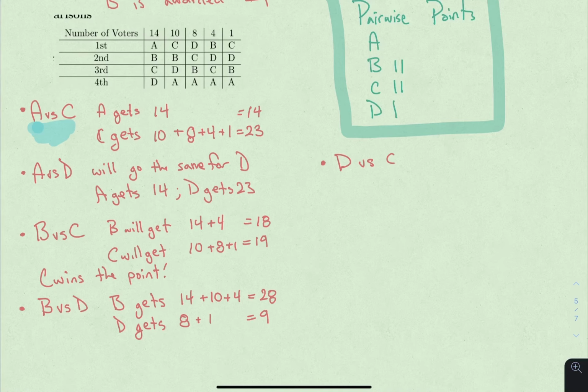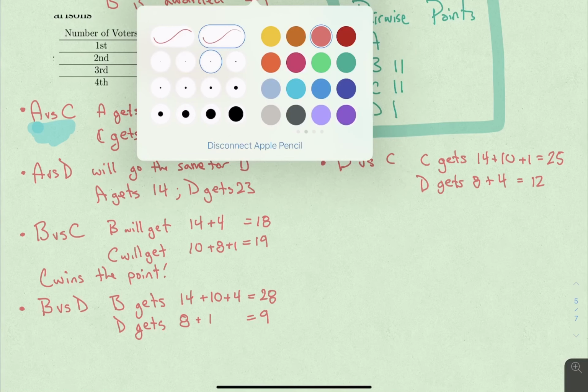D and C are competing, which means A and B are out. C gets the 14 votes from the first column, and also the 10 from the second column, so we see that C is going to win. But let's get the final tally. 25, and that's 12. So C gets the final.